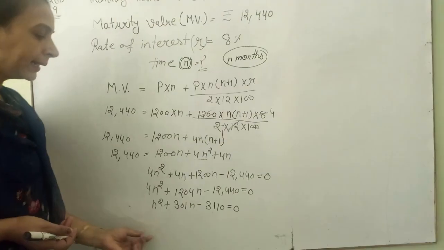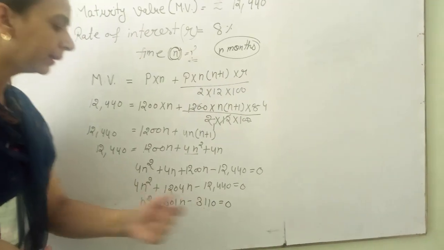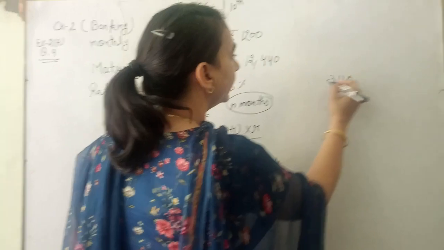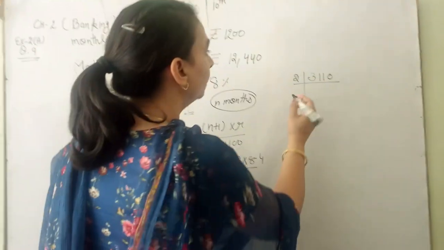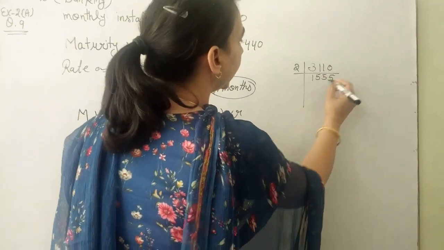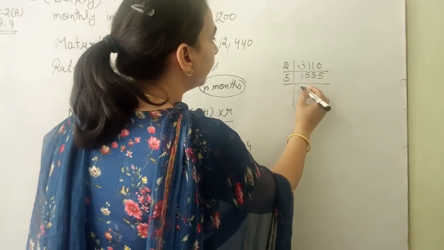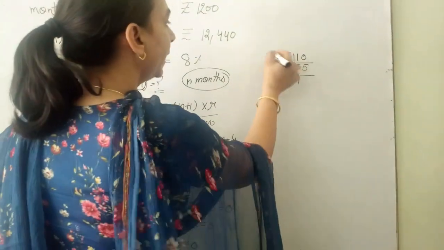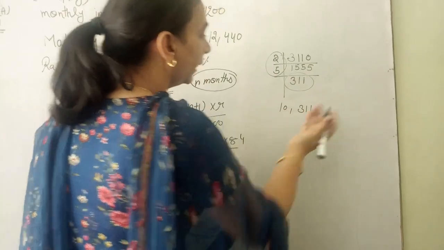For solving this, first I factorize 3110. We take 3110 and find its factors. First divide by 2, then by 5, again cancel out by 5. Students, we have two factors, 10 and 311.